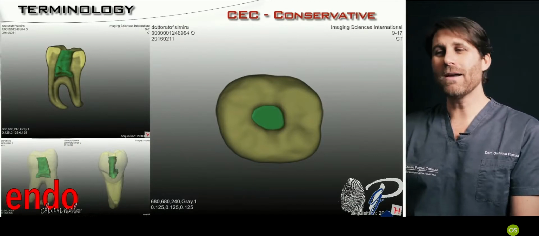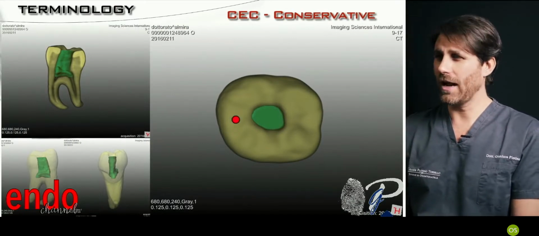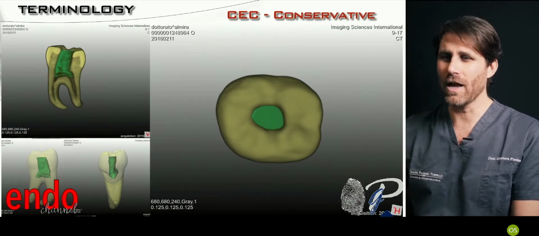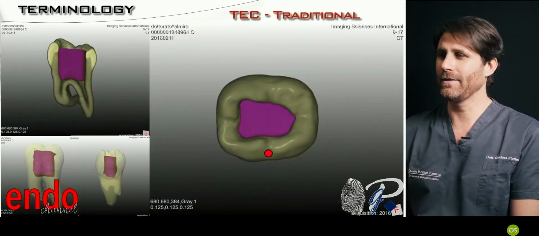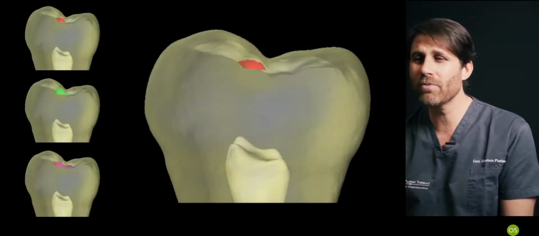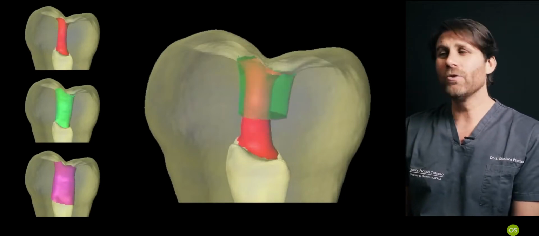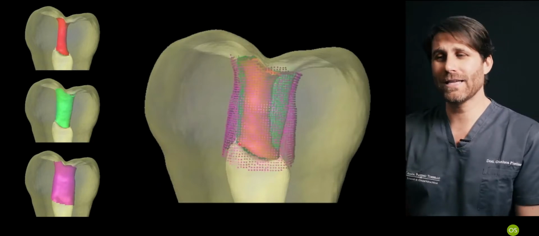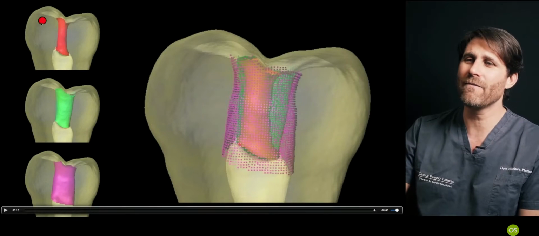These are three-dimensional reconstructions of examples of the tooth structure after the different access cavities, the conservative, the Ninja one, or the traditional, more extended one. And the superimposition of these access cavities gave the precise impact of how much dentin we can save with the different strategies. Of course, with the Ninja one, we can save more dentin.